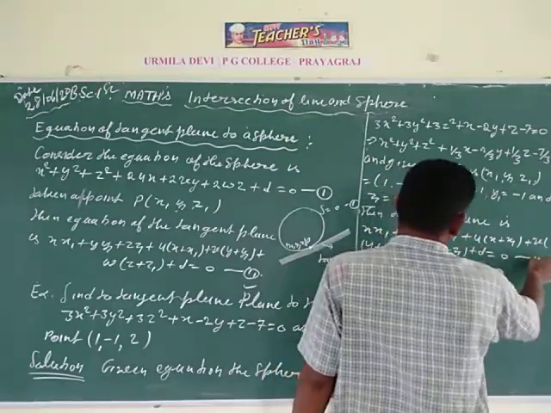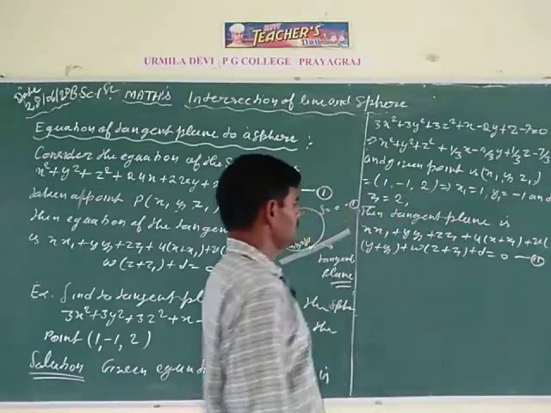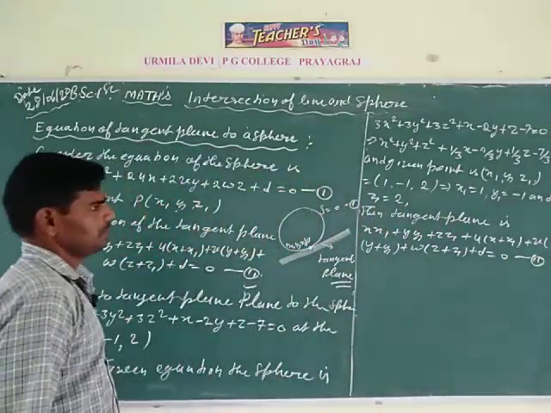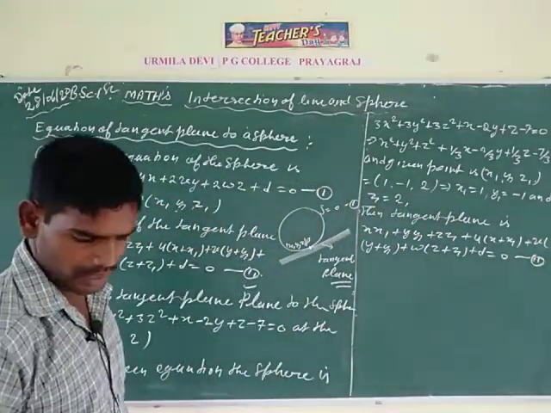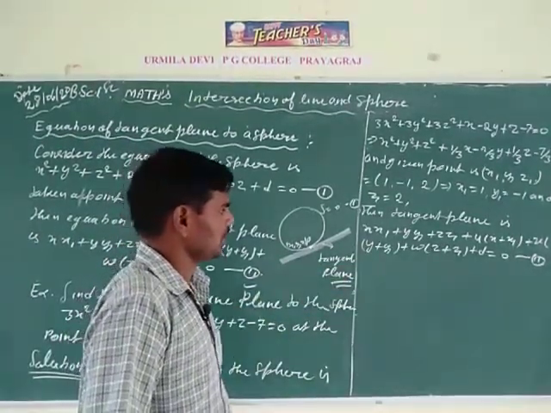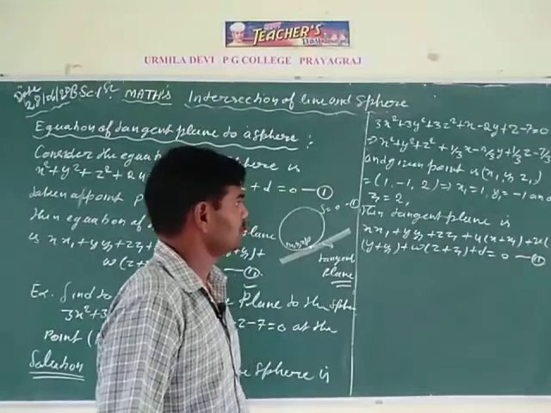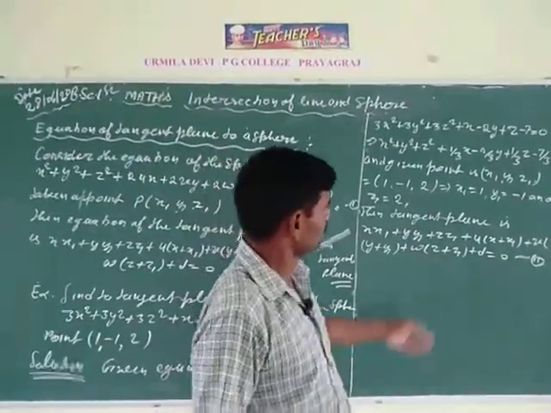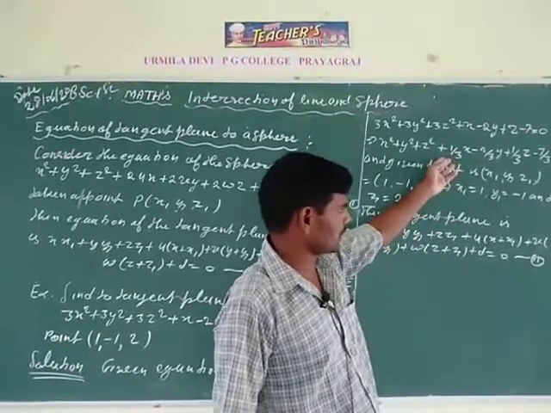In this formula of the tangent plane equation, the values of x1, y1 and z1 are confirmed, but small u, small v, small w and small d you can find from the given equation of the sphere first.